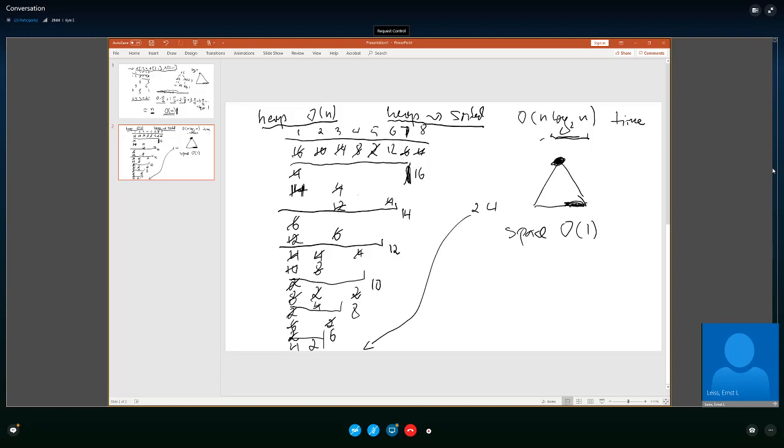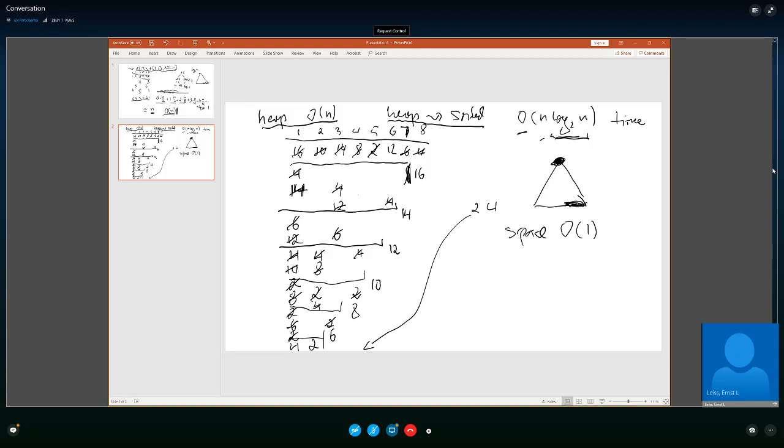This notion of flipping things into place, one flip is about 2 or 3 operations. And then you have the same thing here. So the constant that you carry along in that order of n log n time complexity is a small constant. It is something like 3.